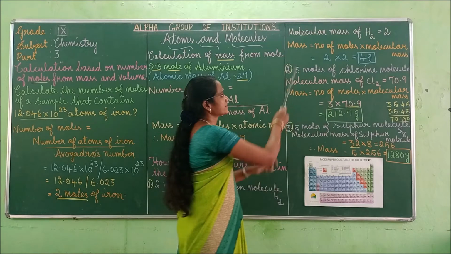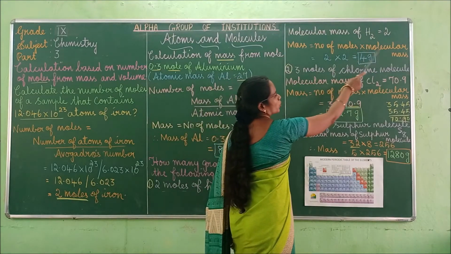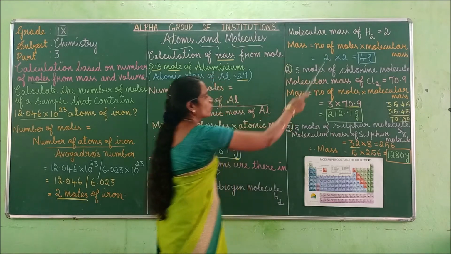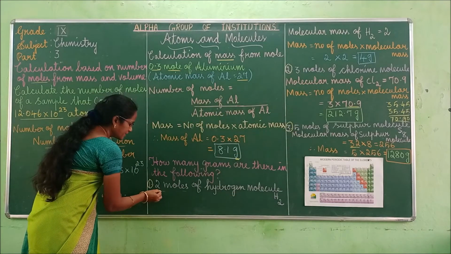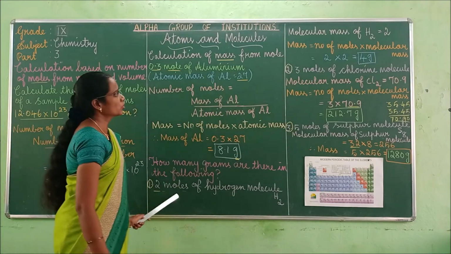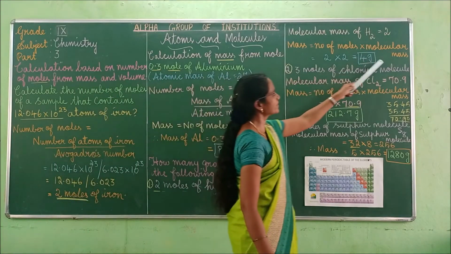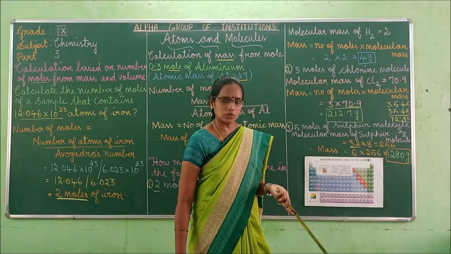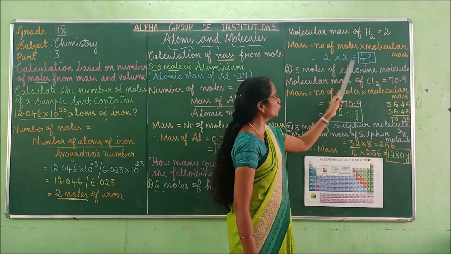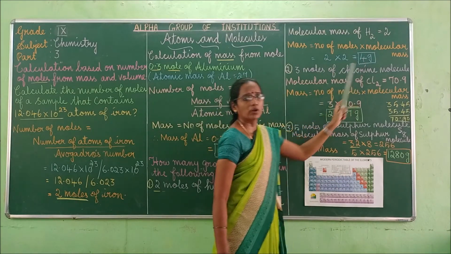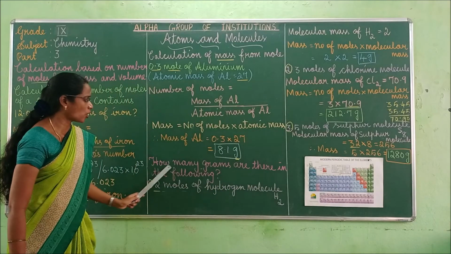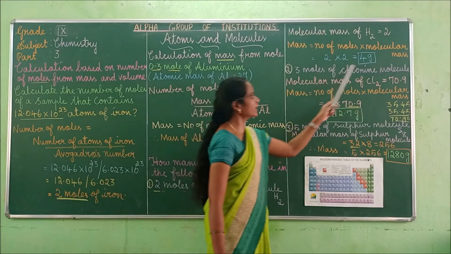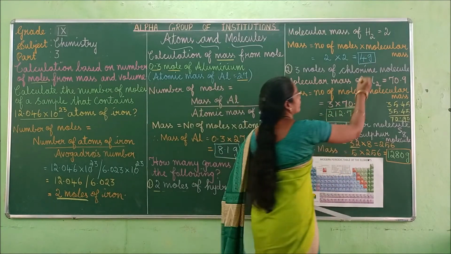What's the number of moles they have given in the question? It is 2, right? So 2 into the molecular mass of hydrogen, which is 2. So 2 into 2, you will be getting 4. And what is asked in the question? How many grams are there? So you have to put the unit gram. Okay, 4 gram.